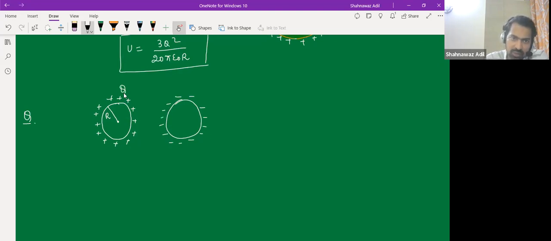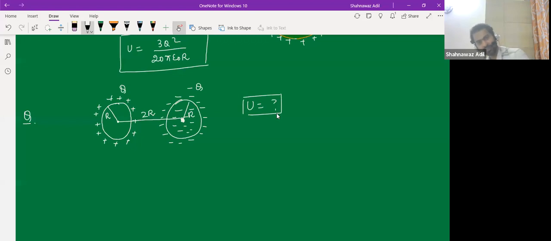This is q, this is minus q. This is a conducting sphere, and this is a non-conducting sphere. And this also has the radius r. And the distance between these two points is, let's say, 2r. Then we have to calculate the potential energy of this system. Is the question clear to you guys?